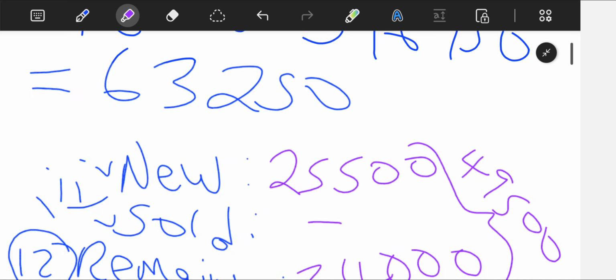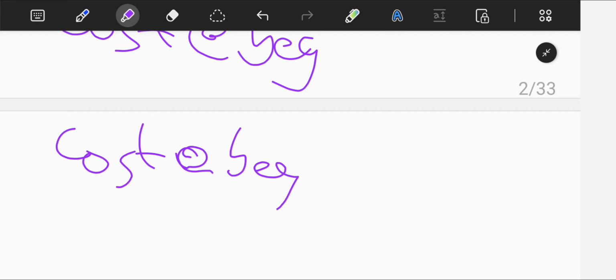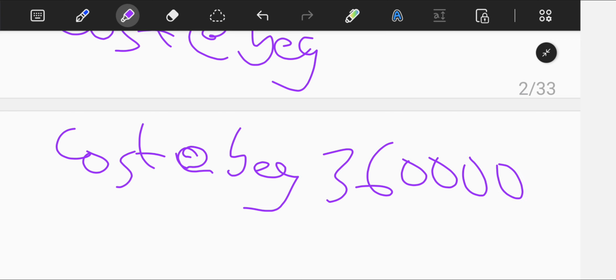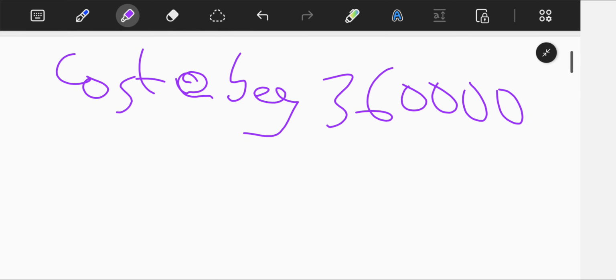Let's go to our drawing board. Cost at the beginning for all our equipment is 360,000. Addition, we didn't buy any equipment.